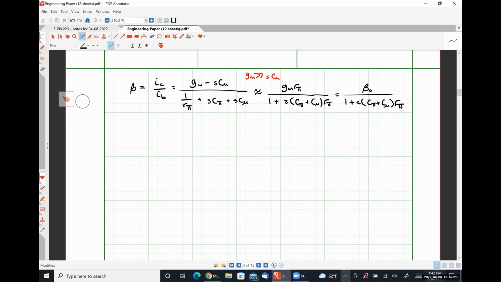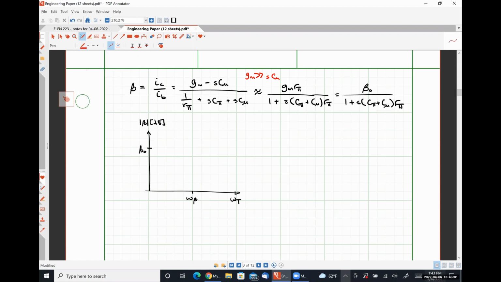Okay, so if we were to plot this, the magnitude of beta measured in decibels would look something like this. Here's beta naught. I'm going to define this frequency as omega b and this frequency as omega t.